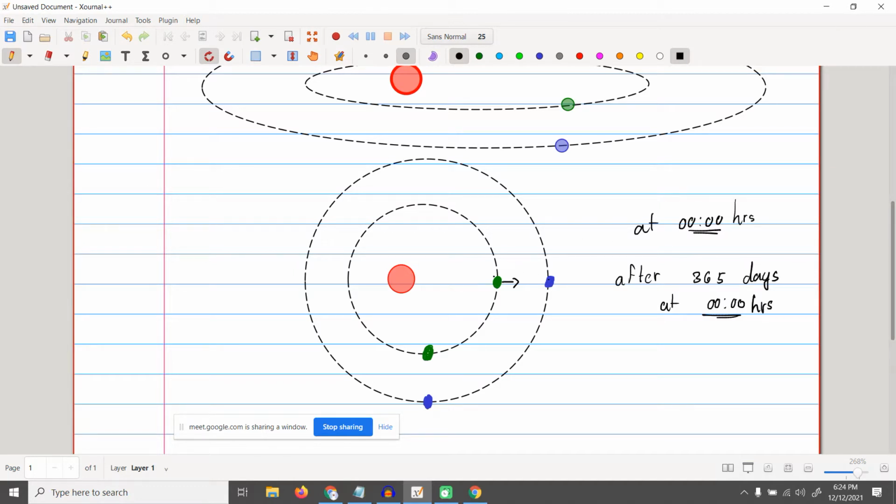So Earth will complete one single orbit after 365 days, but where will Jupiter be? Jupiter is not going to move much. Jupiter is farther away. I'm exaggerating here, so I don't know exactly how much time Jupiter takes. But because Jupiter is further away, you will not see Jupiter in the same place. It will not travel as much. It might just travel up to here.